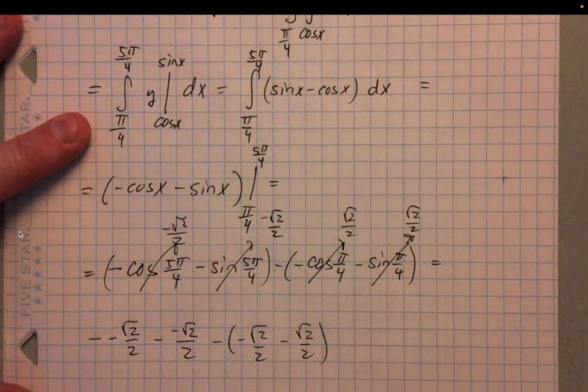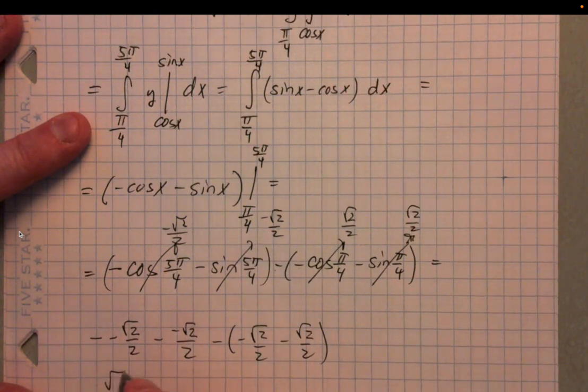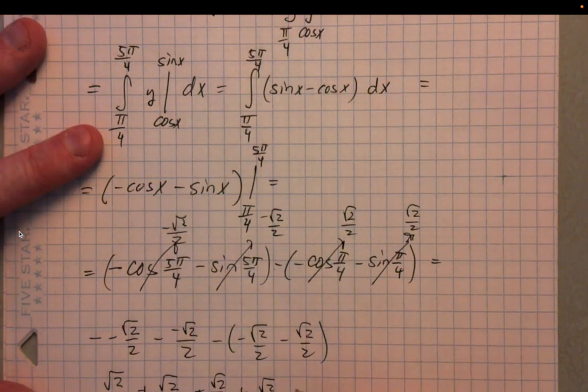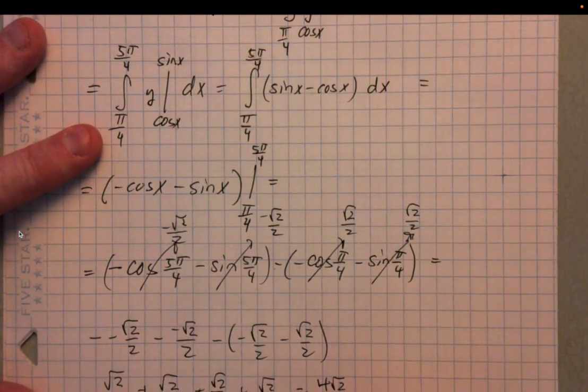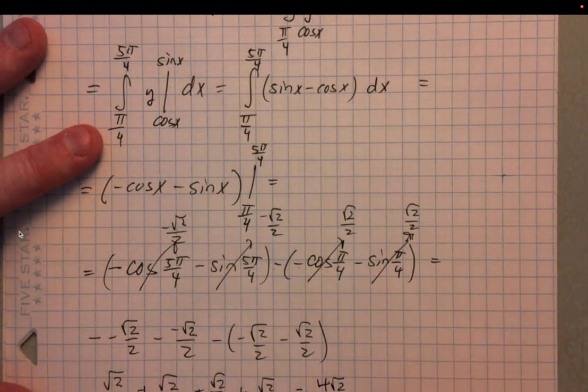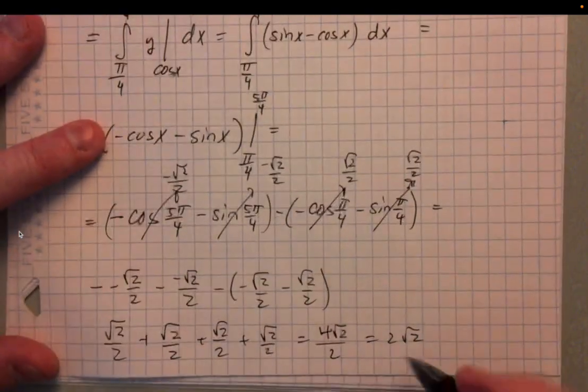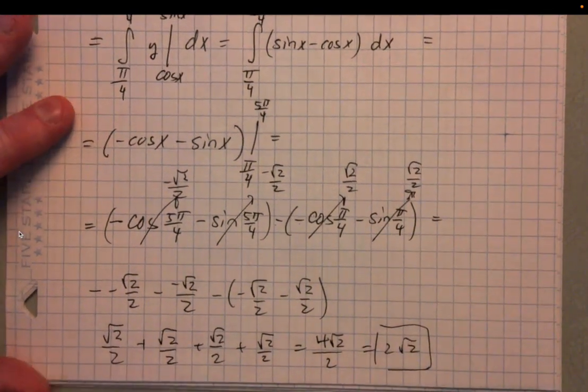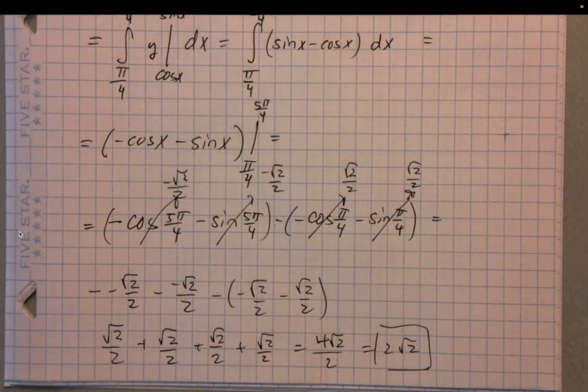Okay, right. So what do I end up with? I get a square root of 2 over 2 plus square root of 2 over 2 plus square root of 2 over 2 plus square root of 2 over 2. So I get 4 of them. So that's 4 times the square root of 2 over 2. And so that's just 2 square root of 2. Okay, kind of a long mess there. But that's what you end up with.